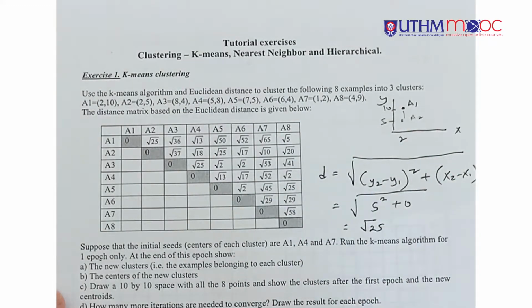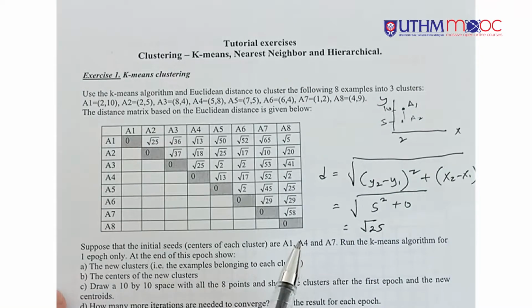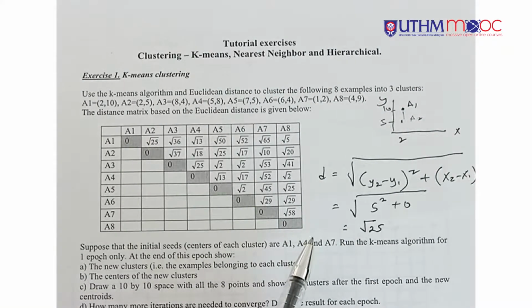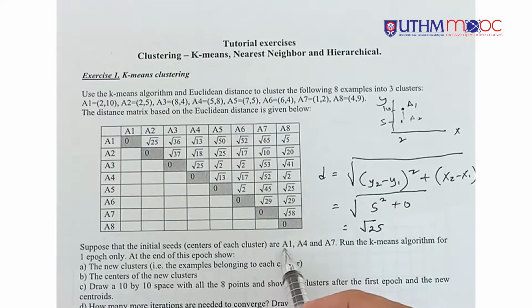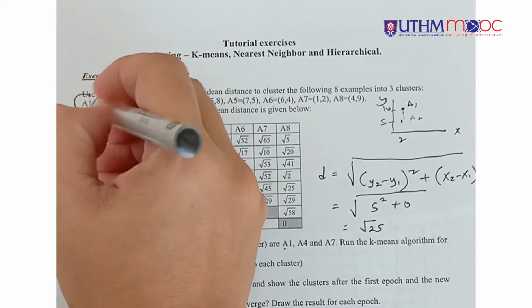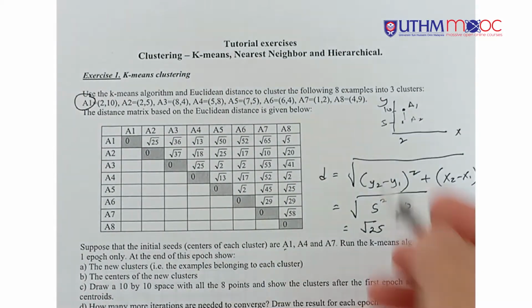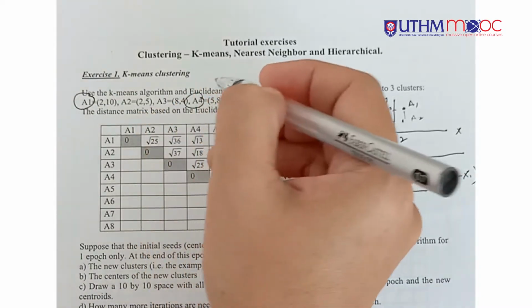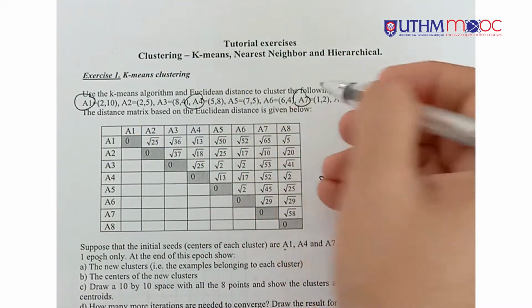Okay. So given the distance matrix, the question will also give us the initial seed, the center of each cluster. So in this question, the seeds are A1, A4 and A7.